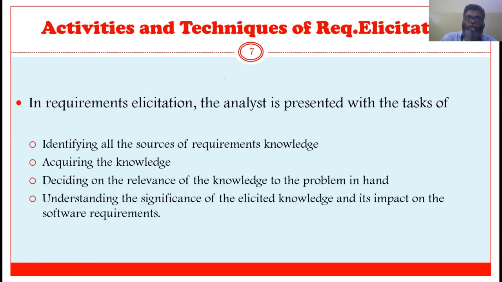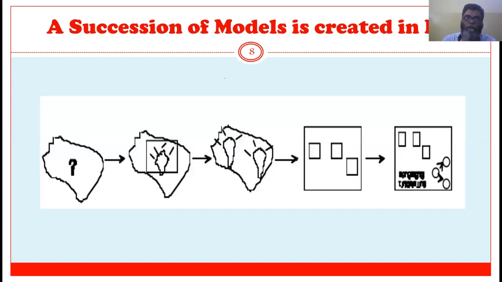Just see here, it's been given in requirement elicitation. The analyst is presented with the task of identifying all sources of requirement knowledge, acquiring the knowledge, deciding on the relevance, and understanding the significance. And here it is given very clearly: this is the problem which we are having. By doing requirement engineering, or requirement gathering, or solution gathering, we convert that into a model.